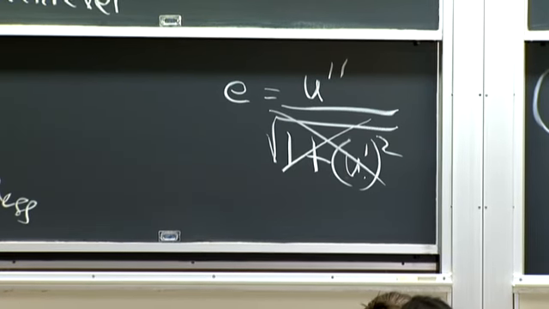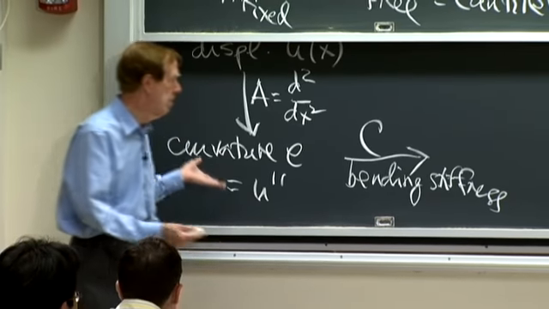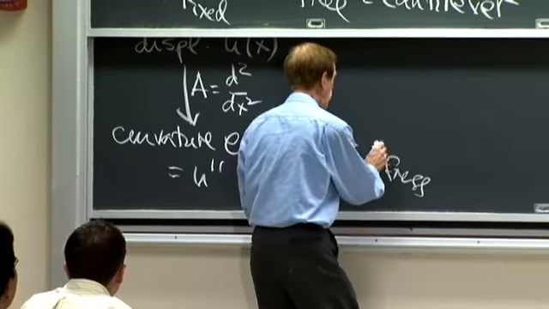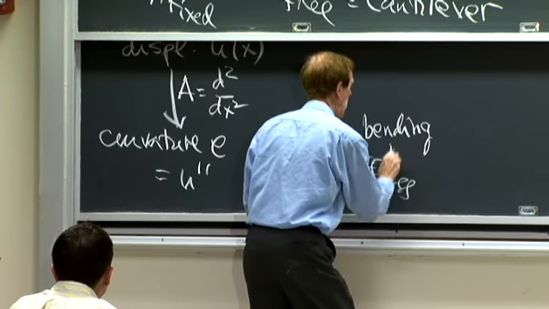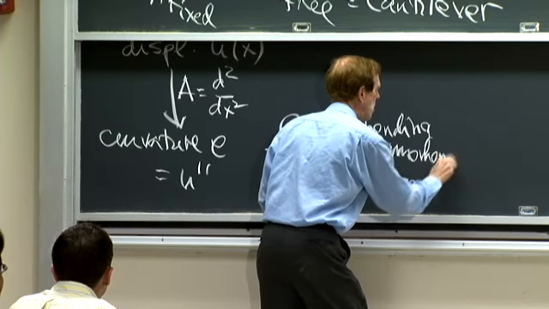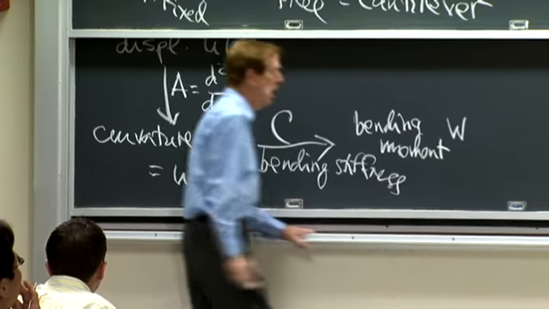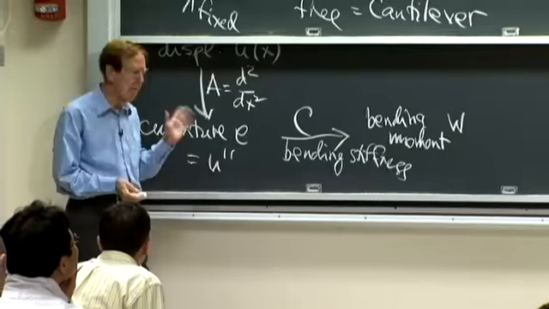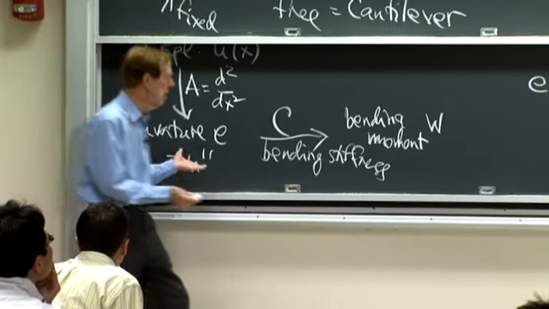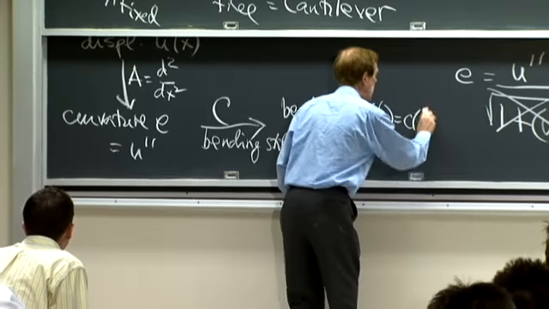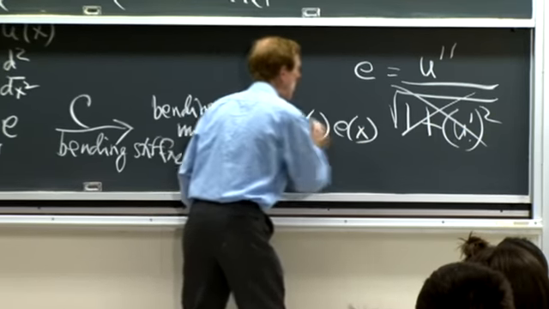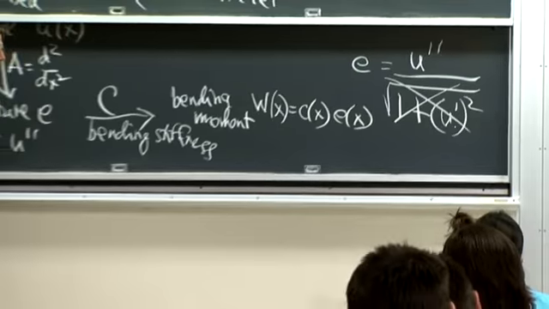Okay. And now the next step will be easy. What's the bending moment? This will be called the bending moment. And let me use the letter W again. I should really use capital M for bending moment. That will be the stiffness times the curvature.